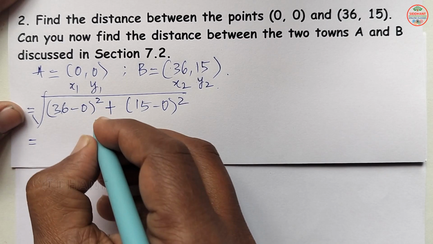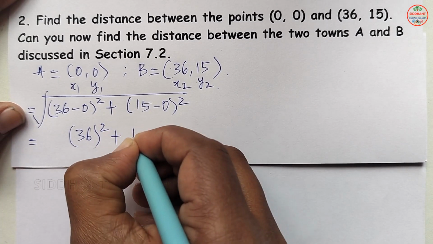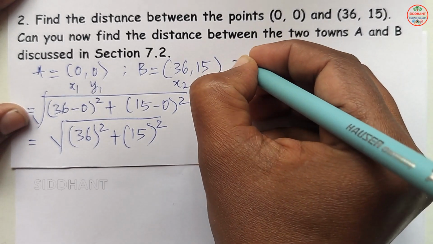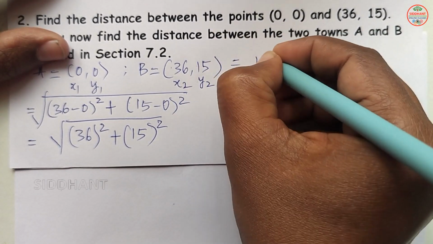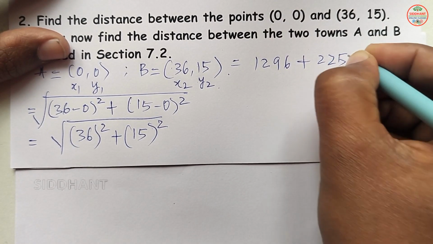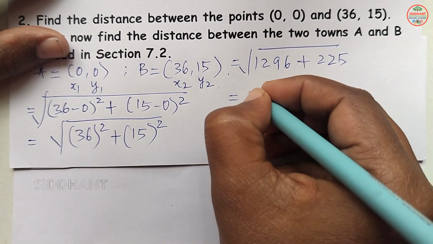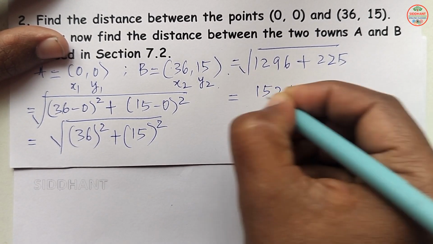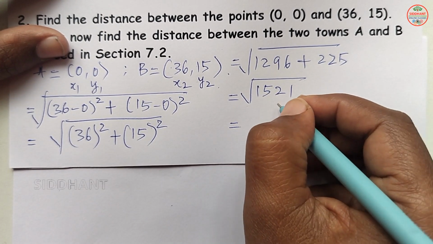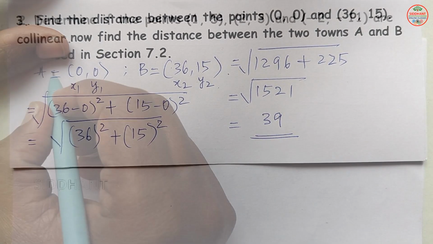So that will be 36 square and 15 square. 36 square will be 1296 and 15 square is 225. So 1296 plus 225 will be 1521. When you take the square root of 1521, we get the answer 39.